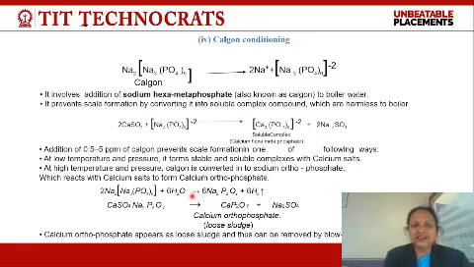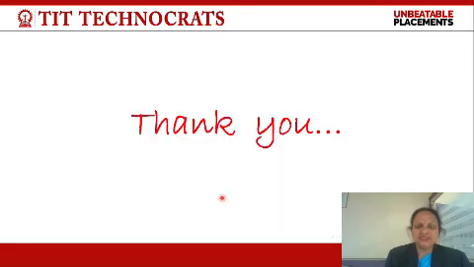After reacting with calcium, it will convert into calcium orthophosphate. It is a loose sludge and we can collect it with blow down operation or remove it easily. Calcium orthophosphate is a highly insoluble particle, so this is somewhat different.